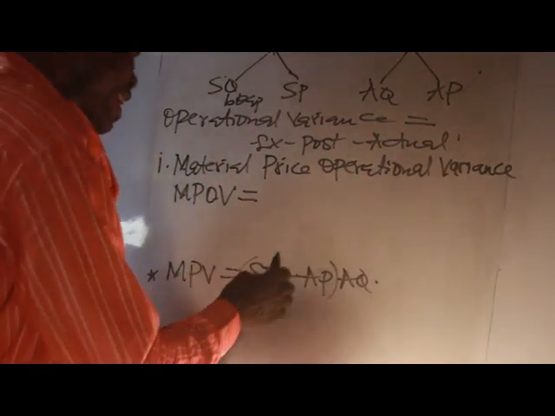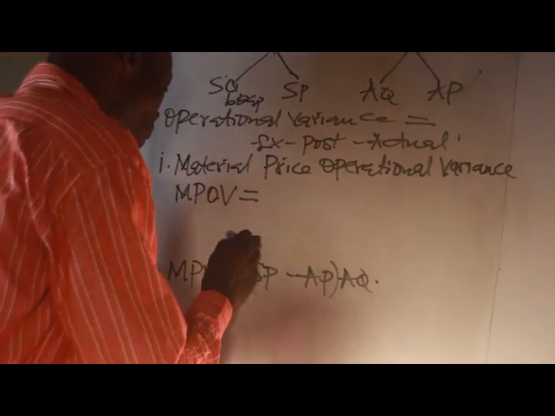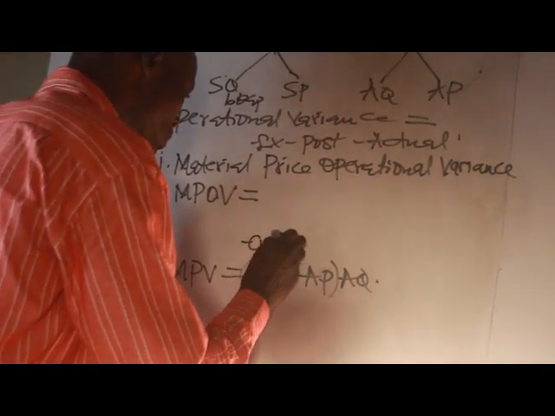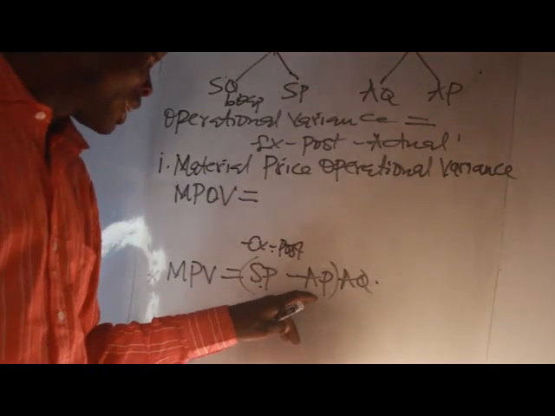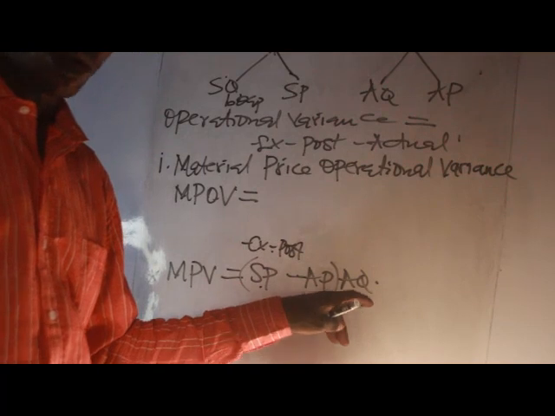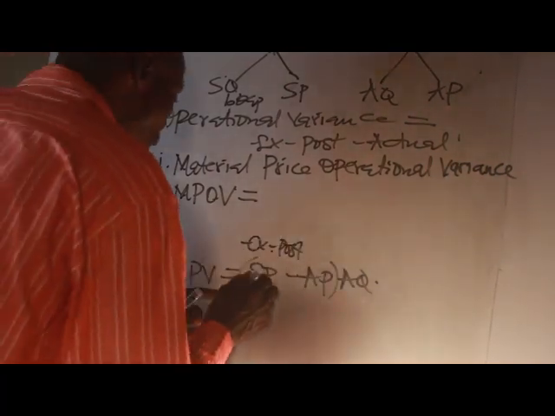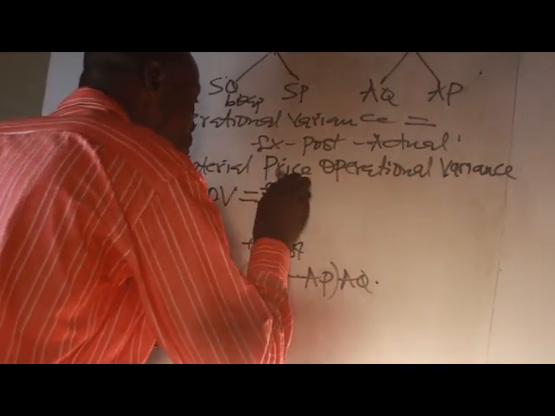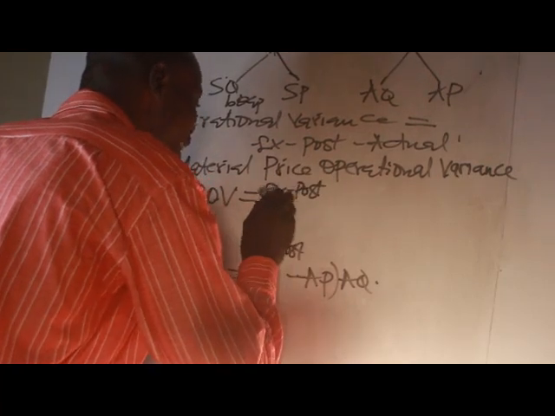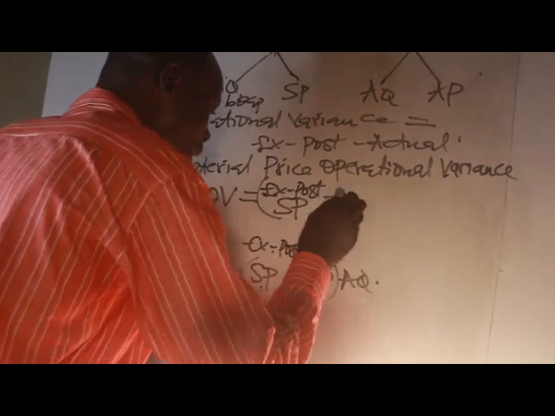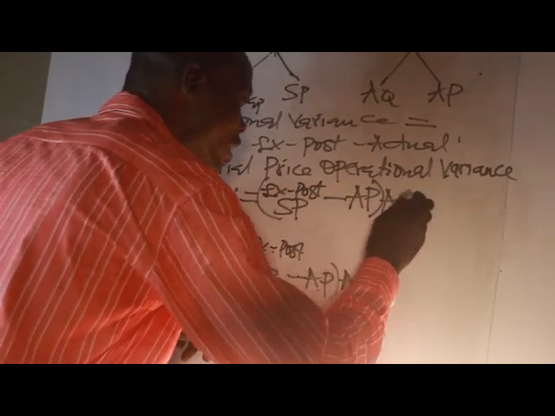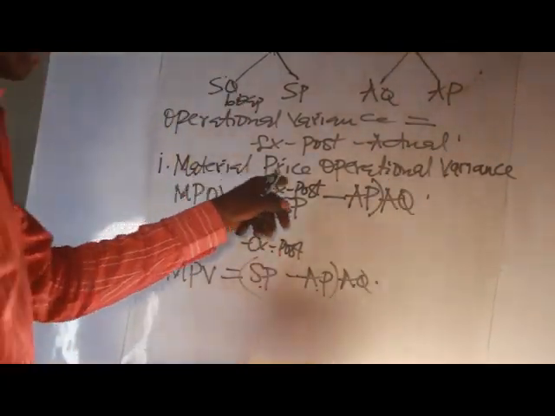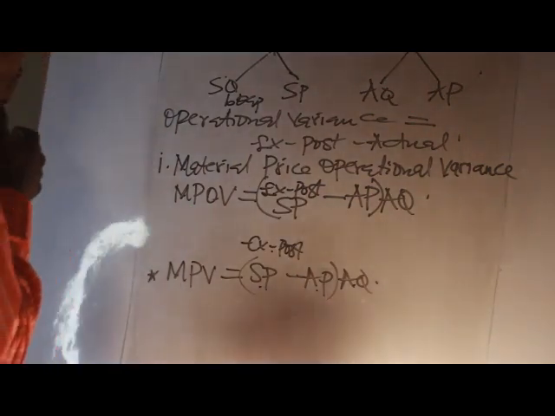So since you are comparing ex post with actual, this one becomes ex post standard price, and this is actual. That means you retain actual, and this is also actual, so you leave it. So the formula becomes ex post standard price minus actual price multiplied by actual quantity. That is material price operational variance.